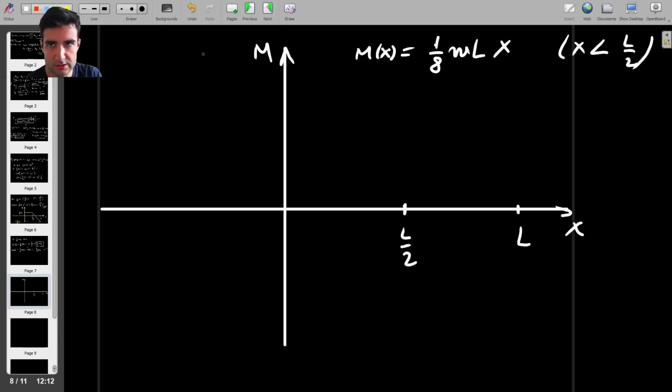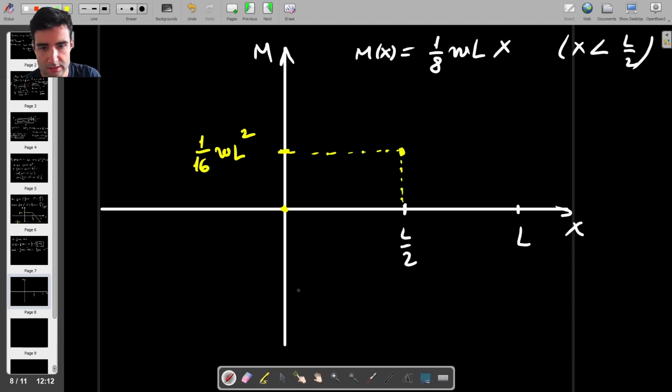If we try to plot it, we will end up with 0 moment here, and the moment at the halfway point should be 1 over 16 WL squared, like this, and we just have a straight line.